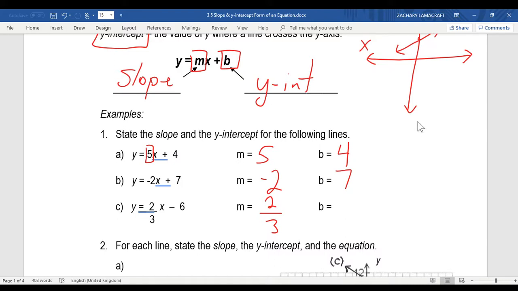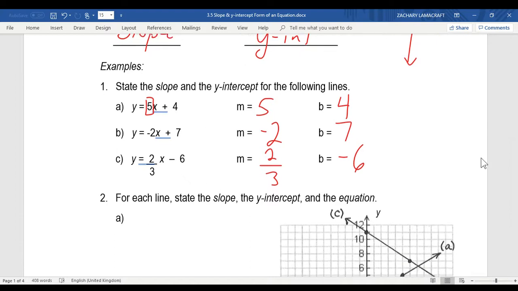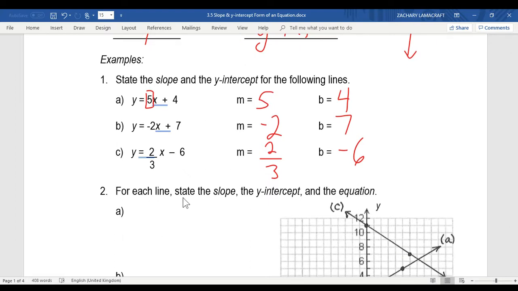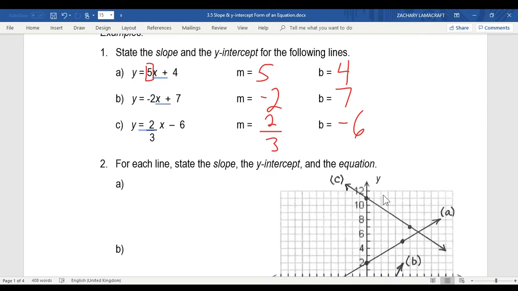That's a rise of 2 and a run of 3, right? It's nothing, no tricks here. What would be our y-intercept? Negative 6. Pretty straightforward, right? Seems pretty straightforward. Awesome.